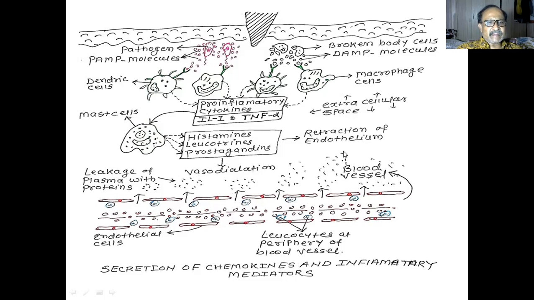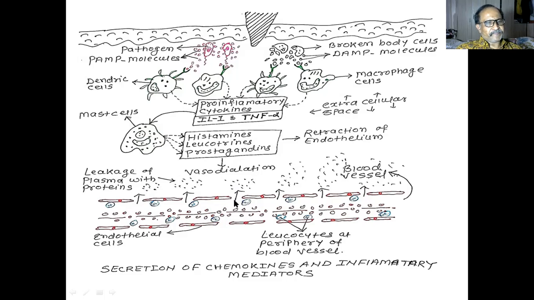It means the endothelial cells move away from each other, and some gaps are produced in between the endothelial cells of the wall of blood vessels. Through these gaps, the plasma fluid and certain proteins enter into the extracellular fluid.